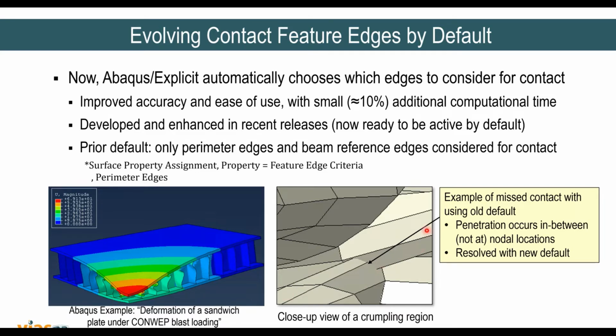What used to happen in the previous releases as a default behavior is that newly formed feature edges were not accounted for, as they were not there at the beginning, and non-physical behavior was seen. That will no more be the case in the newer version, because by default these newly evolving feature edges are accounted for in the contact in Abaqus Explicit general contact automatically.